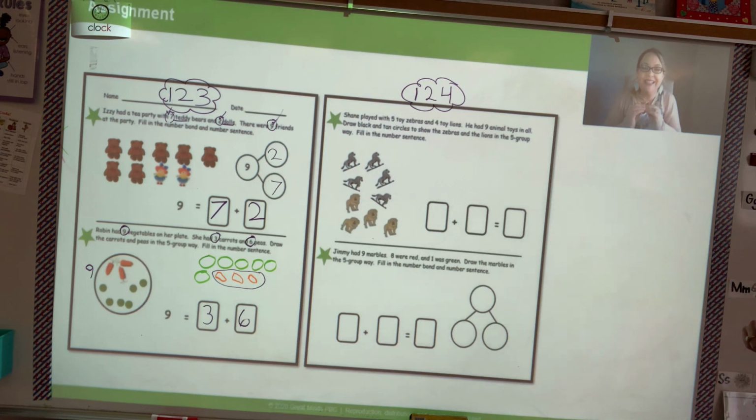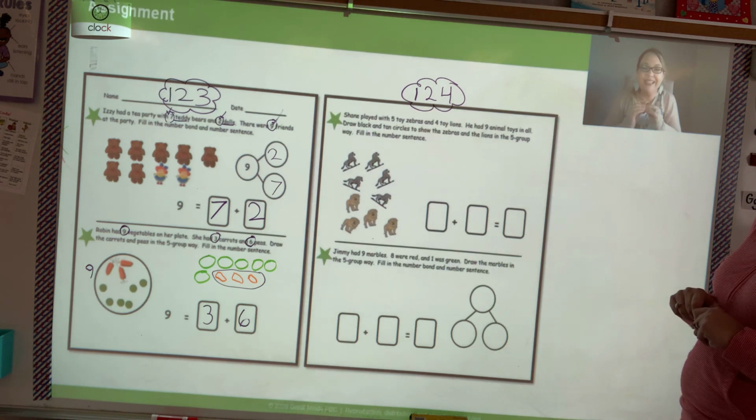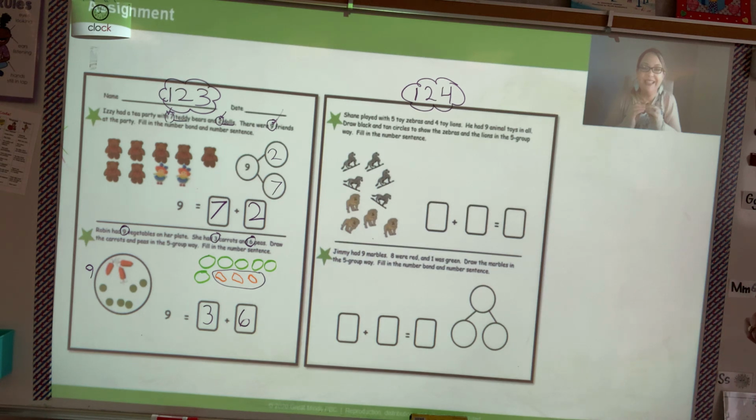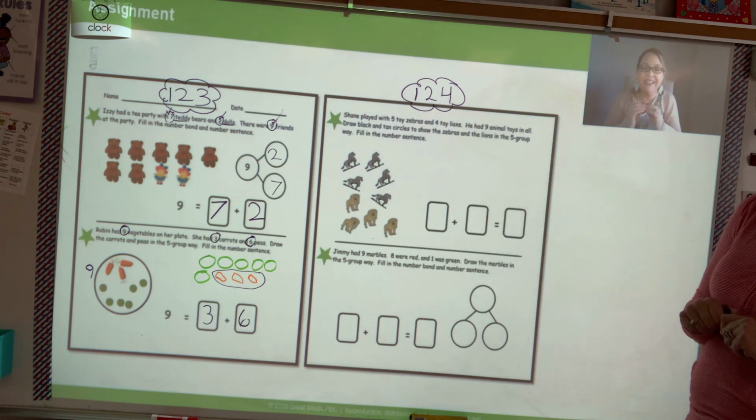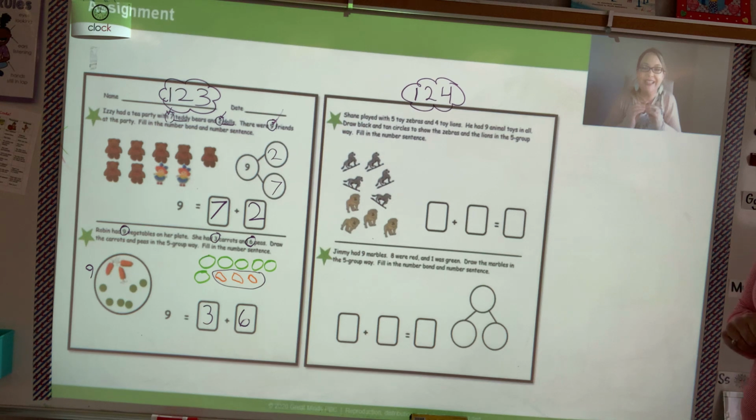Draw black and tan circles to show the zebras and the lions in the 5-group way. Fill in the number sentence. Whew, that's a long story. Yes. For the black and tan, because zebras have stripes, I'm just going to draw circles with stripes and circles without stripes. Lines. What a good idea.